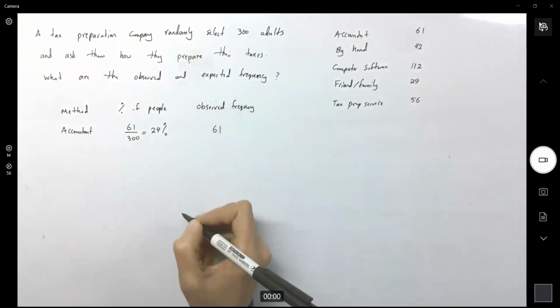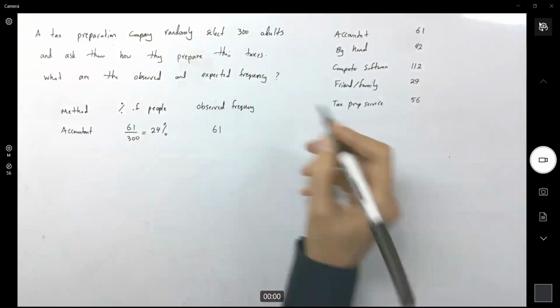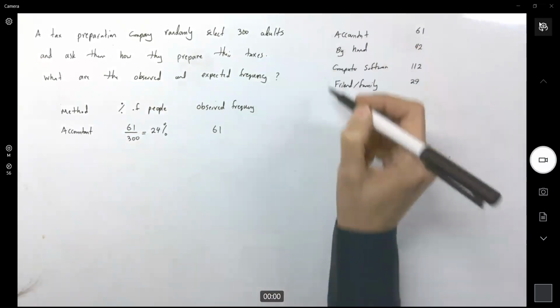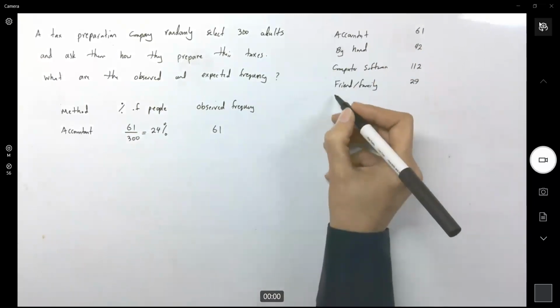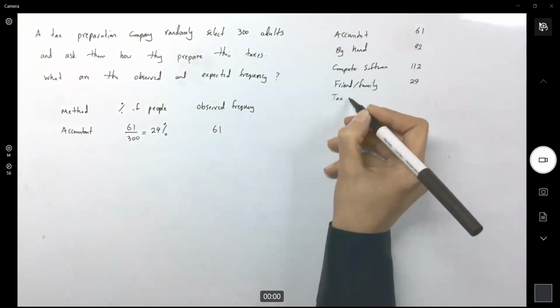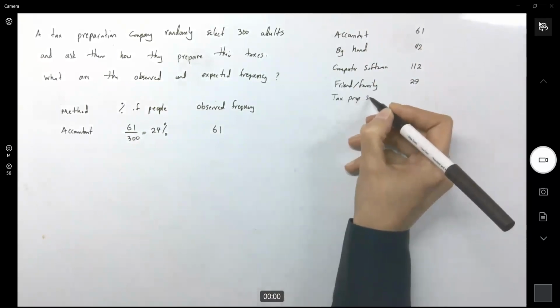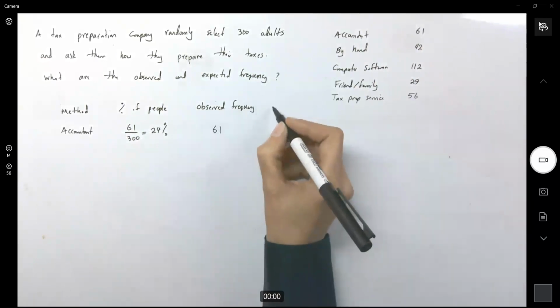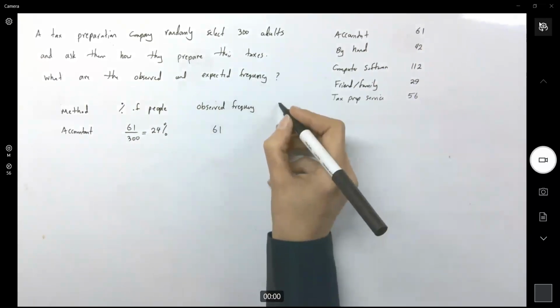And finally, we need the expected frequency. So let me just move this up here. This one for tax prep services, which was 56.